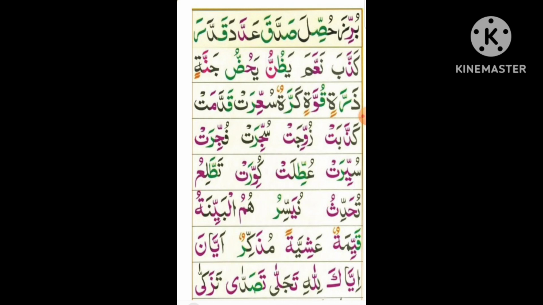I am repeating the first line: burriza, hussila, saddaqa, addada, qaddara, kazzaba, na'ama. It is not na'ama, it is na'ama. Yadhunnu. There should be a gunna in the noon mushaddad.